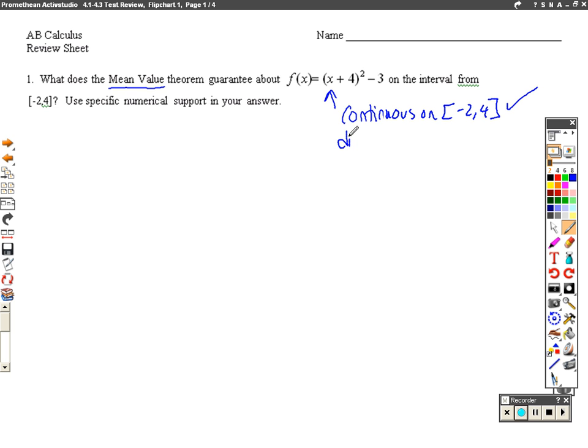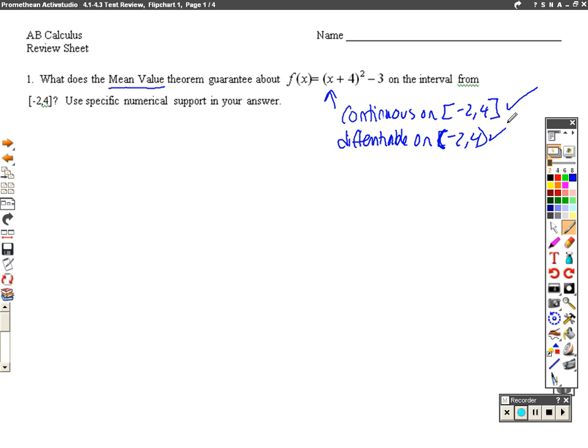And is it differentiable on the open interval, -2 to 4? It will be true because when I take this derivative, I'm just going to say 2 times (x plus 4) to the first power times 1, and that's just a regular linear derivative. So that's true as well.